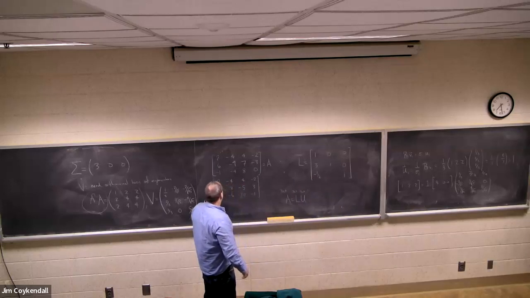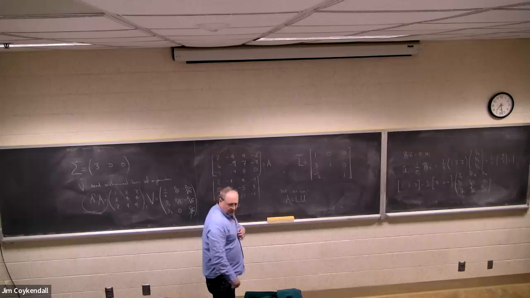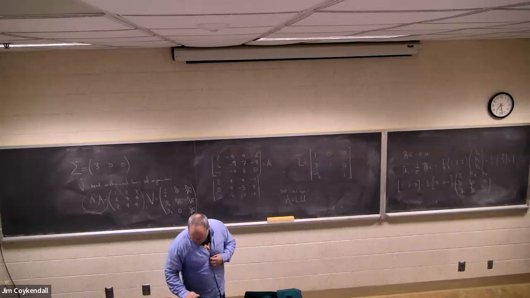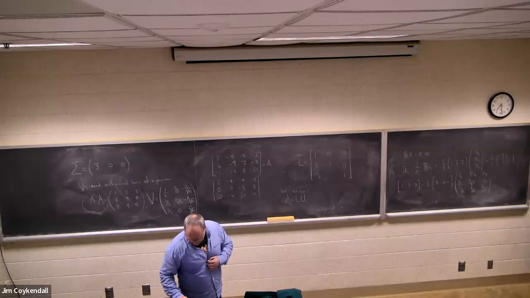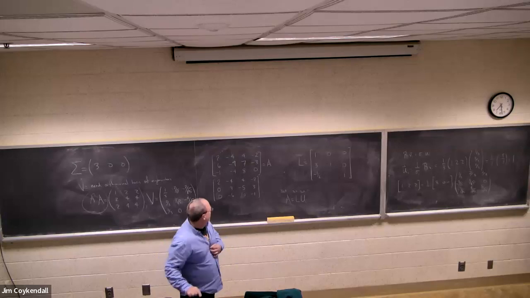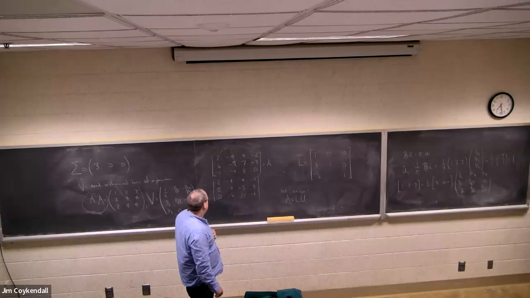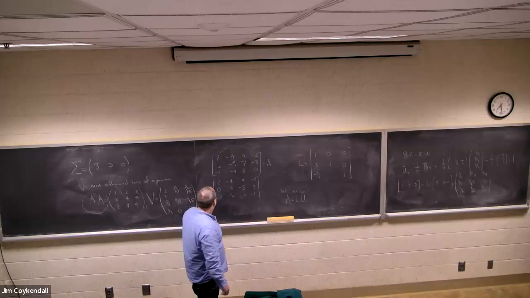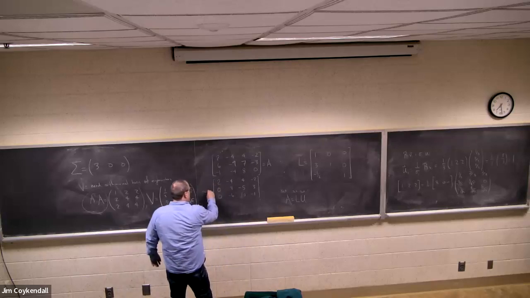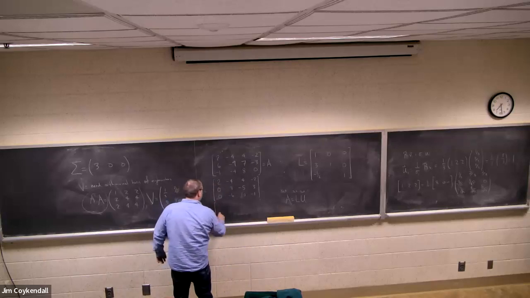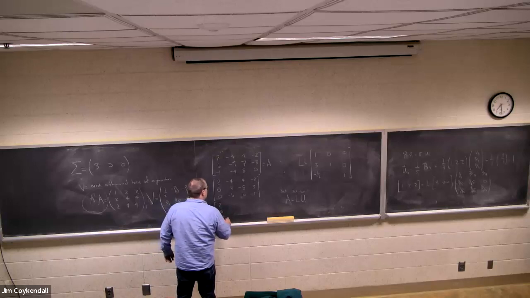Let's see where this takes us. How about the U part? How do we build that? This is the echelon form of A, right? So where's my next pivot? This one looks good, doesn't it? So let's reduce this on down to 2, 0, 0.